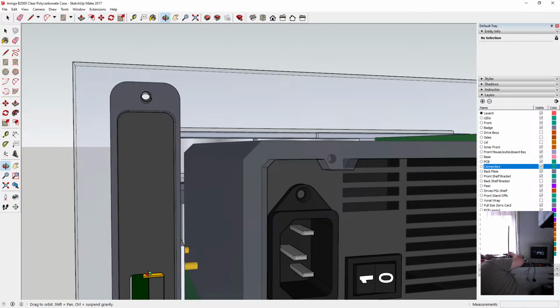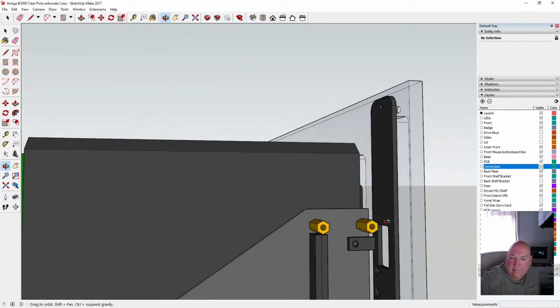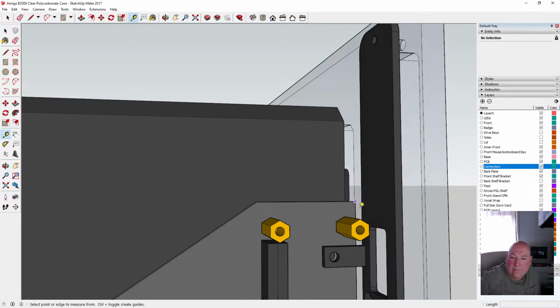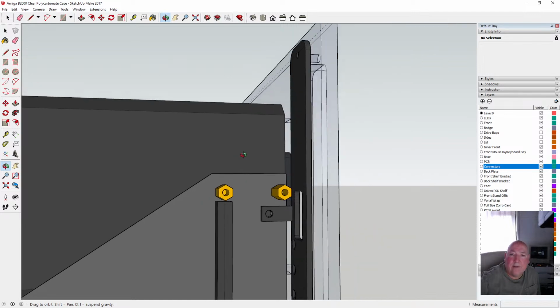Looks like 55.5, no, it's not 55.5, it's 54.5. So it should be 54.5 from this. So that should go across the centre of the hole, does it?